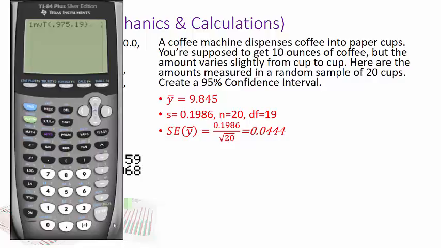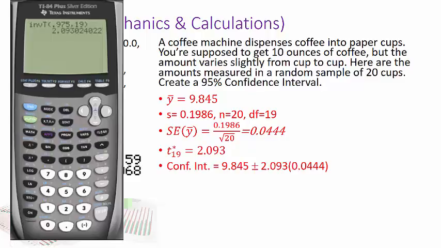I hit enter and let it churn for a little bit. And I can see my value is 2.093024022. All right, so there's my critical t value. Then I can basically take this information and substitute it into the formula for the confidence interval, which would be the 9.845 plus or minus my critical value times my standard error.